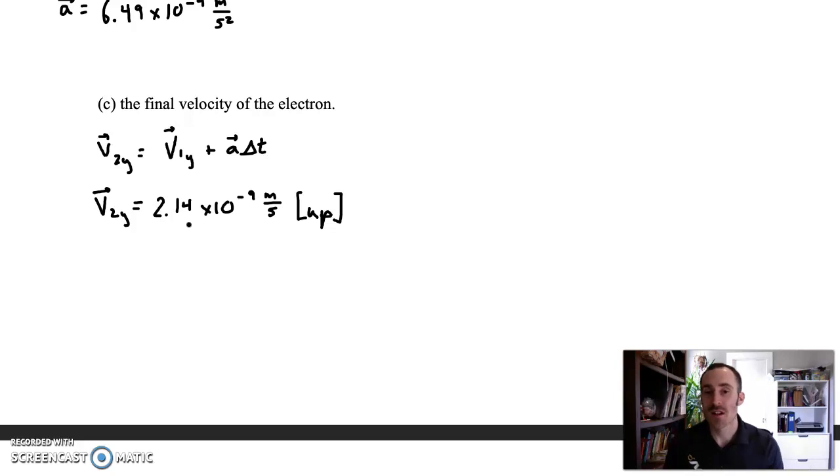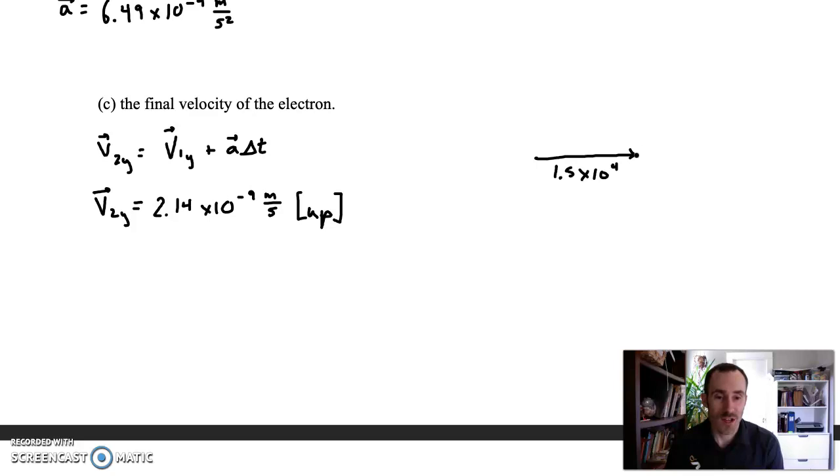Okay, now it's not quite as simple as that, because it had horizontal velocity to start with as well. So we're going to need to take the x horizontal velocity vector and the y vertical velocity vector and put them together. We've done this a whole bunch of times though, so hopefully this is okay. Here is the horizontal velocity, which was 1.5 times 10 to the 4 meters per second.